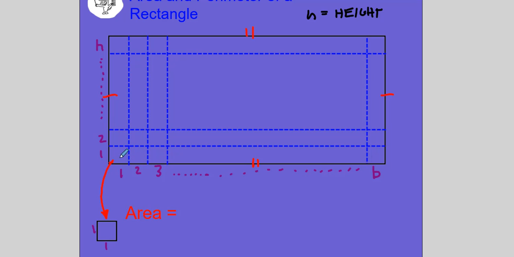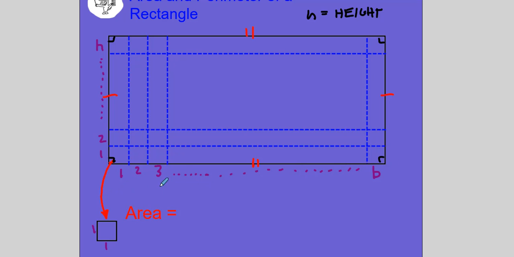So on the bottom of this rectangle, again, there are 4 right angles, because that's what a rectangle is defined as, a 4-sided figure with 4 right angles. So I have 1, 2, 3, and so on. Instead of having to be specific here, I choose a variable b, which could represent 3, 11, or 100.